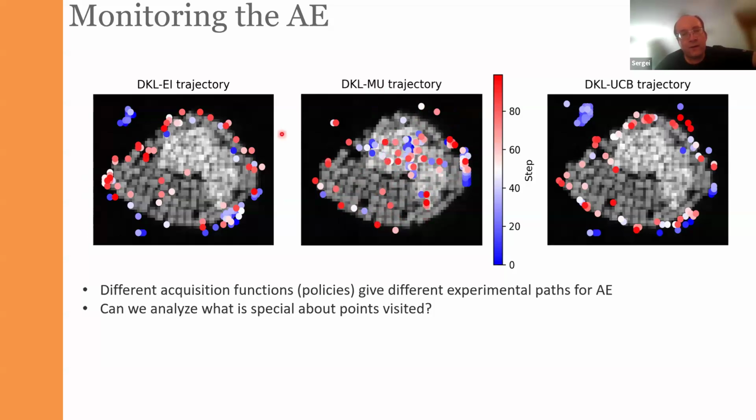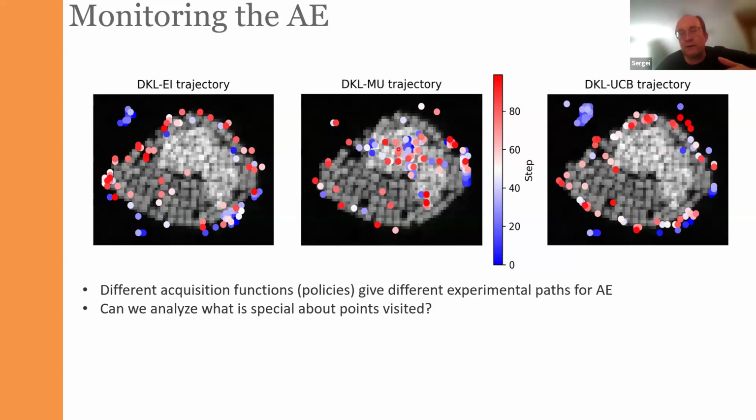So the expected improvement trajectory and upper confidence bound trajectory somehow decided to focus on the edge. The reason why it happened is because our optimization target was the intensity of the edge plasmon. So interestingly enough, if we have the policy that balances the exploration target, the greedy component, and the exploitation, and we look for edge plasmon, we found it on the edge.